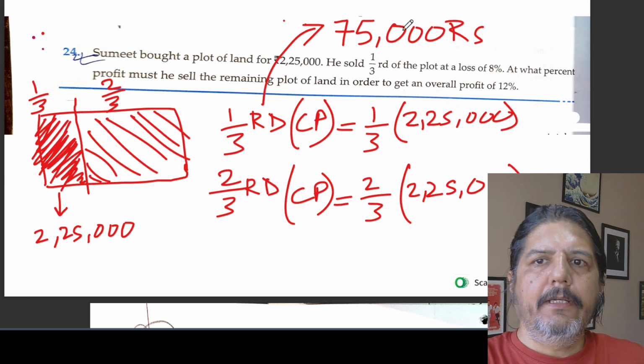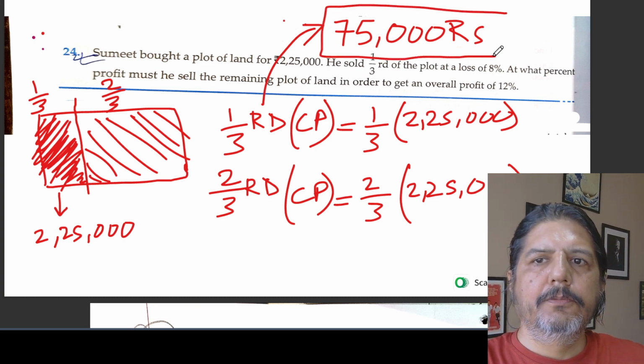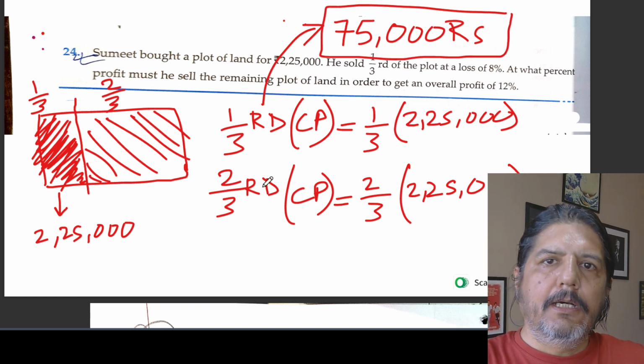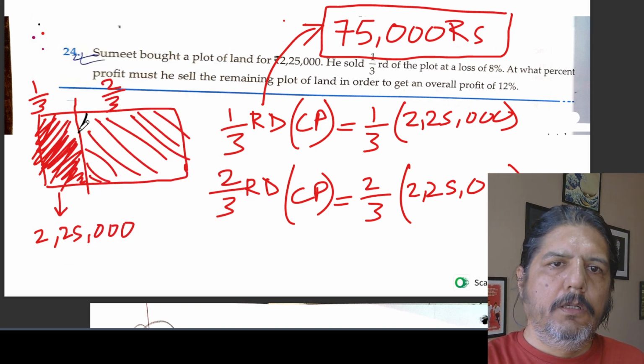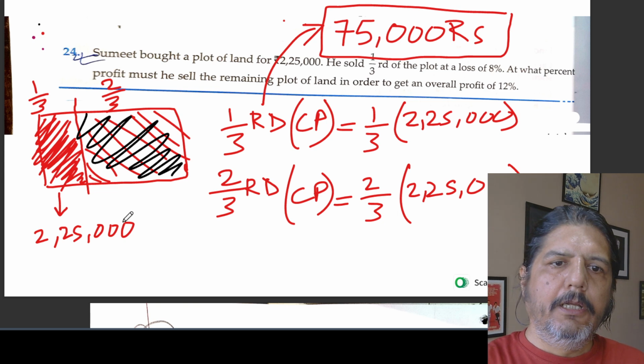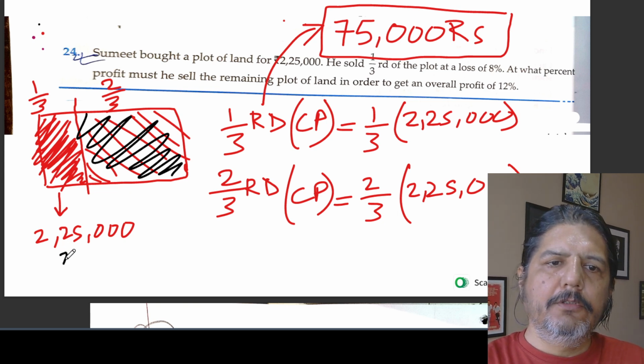And the rest of the remaining part, this part, is for 2,25,000 minus 75,000.